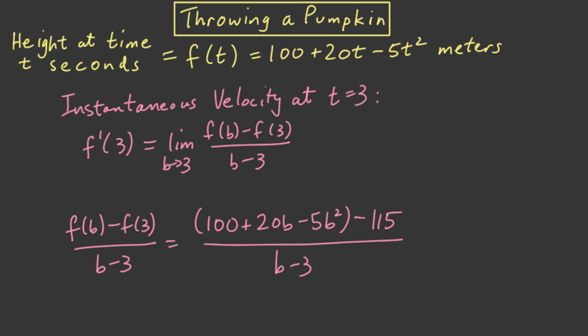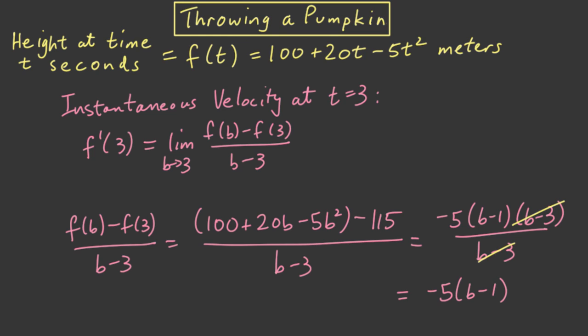And notice that this numerator is exactly the same numerator as we had before in our f prime of 1 calculation. So it's going to factor in exactly the same way. So we're just going to get minus 5 times b minus 1 times b minus 3. And all of this is divided by b minus 3, and we get cancellation. So we end up with minus 5 times b minus 1.